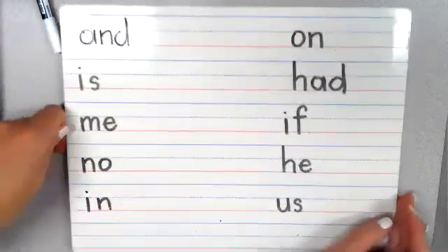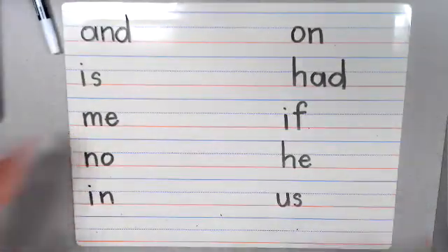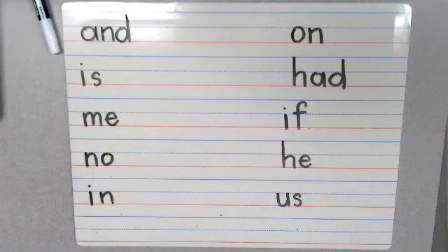Let me get out the words that you can practice on your own. Go ahead and pause the video so that you can use these words, right? Or you can have your mom and dad write it on a piece of paper.